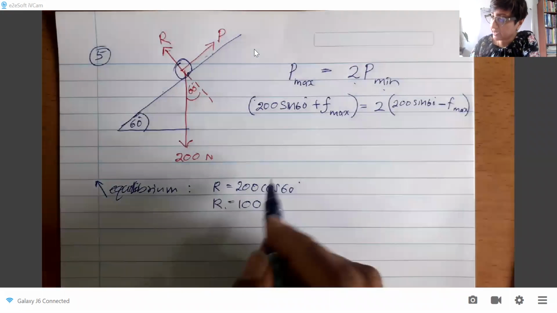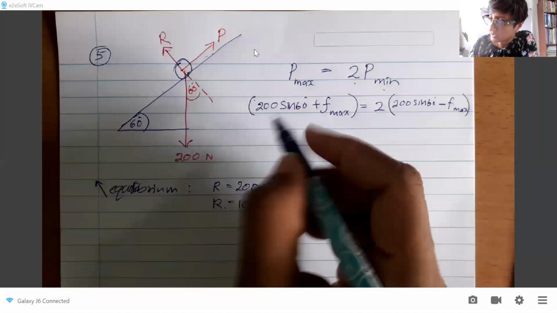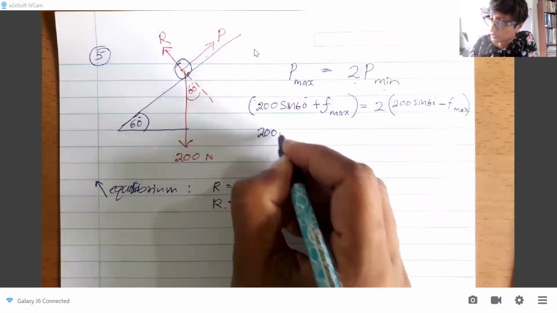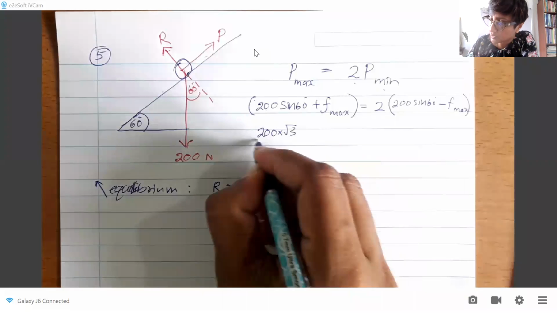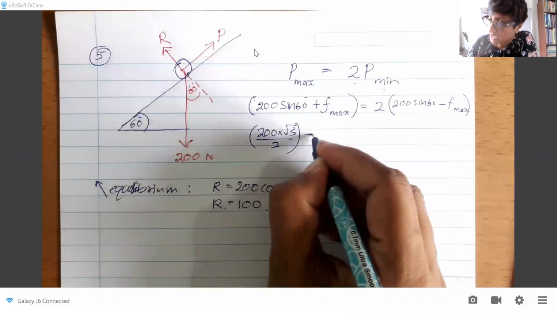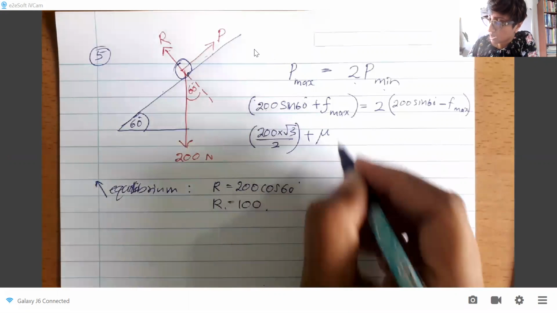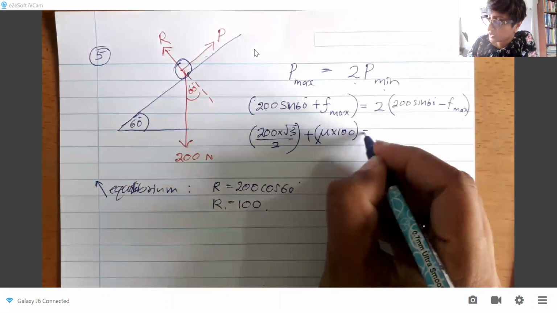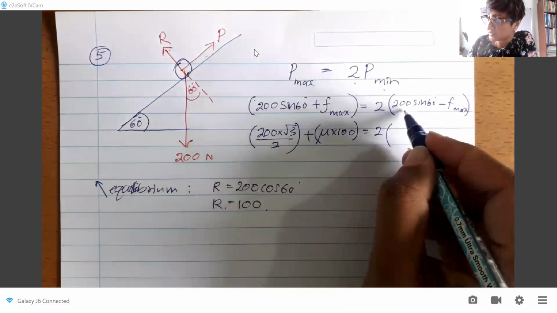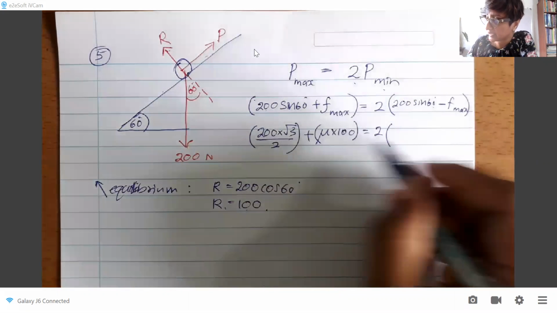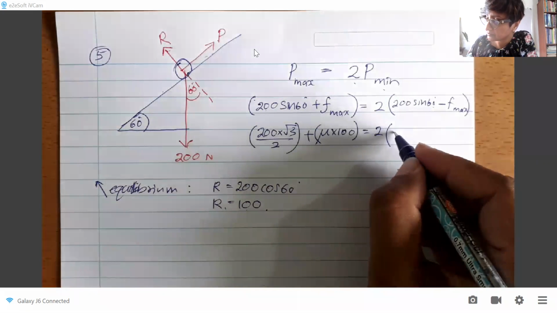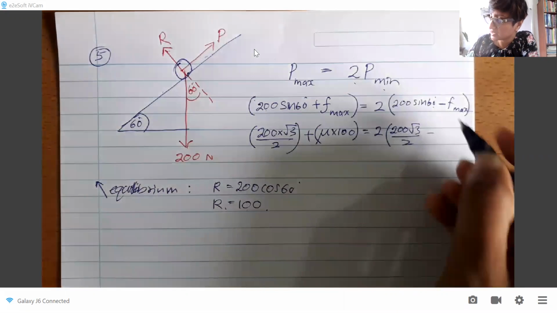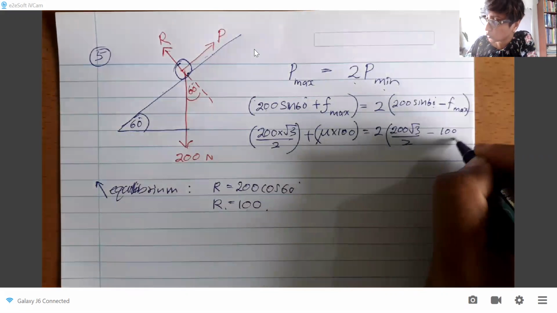Then I would use this R here. 200 sine 60 is 200 root 3 over 2, plus F max is mu R, mu times 100, equals 2 times 200 sine 60, oh, it's the same thing again, minus 100 mu.